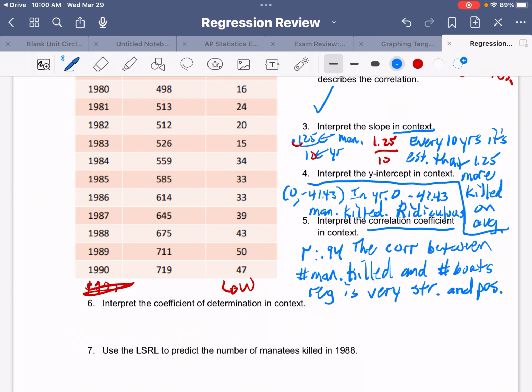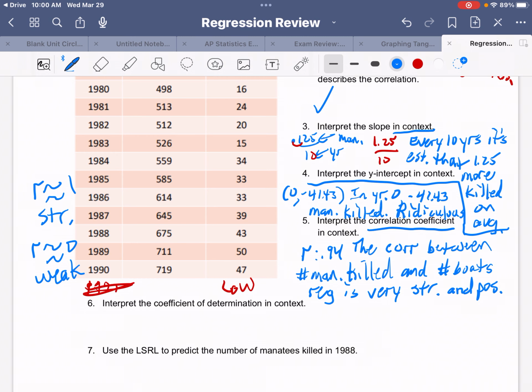So remember, when R is close to 1, that's strong. If R is close to 0, that's weak. So hopefully you'll remember that.